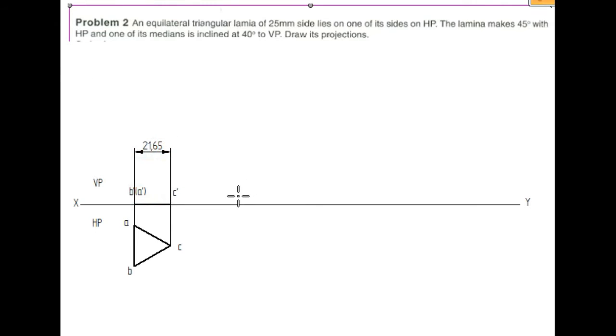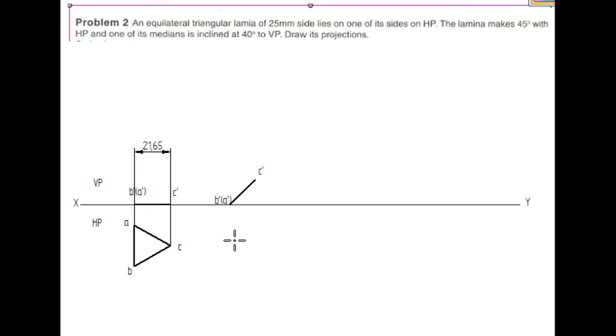So I will mark a point on the XY line anywhere and draw a length of 21.65. Next the angle is 45 degree. Naming has to be done. So this point is represented by two points, one is B dash and another one is A dash. Next this point is represented by C dash.